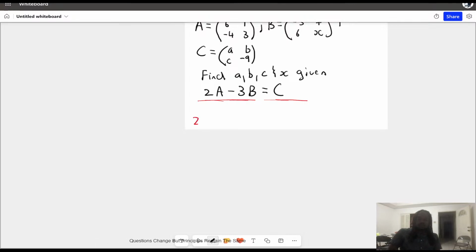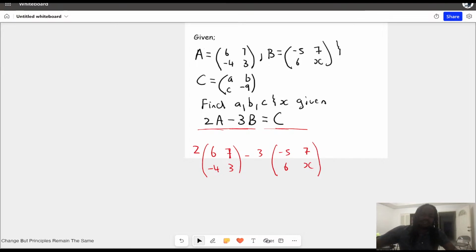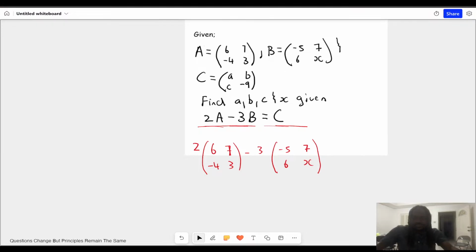So let's go. 2A: 6, 7, negative 4, 3. And B: 3 times negative 5, 7, 6, and X.